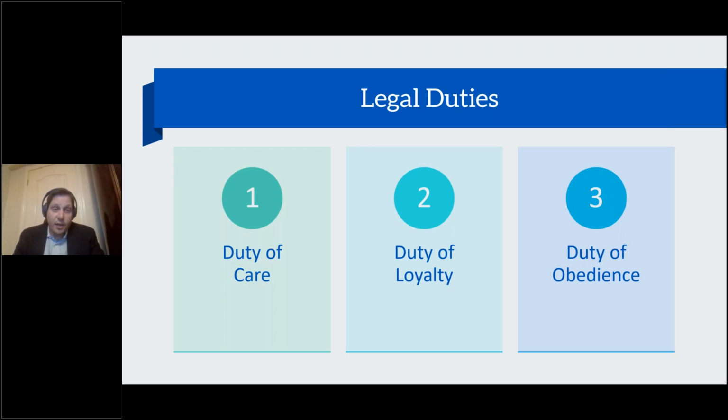And finally, the duty of obedience, which means board members have to ensure that the nonprofit complies with any laws, rules, regulations that it's subject to, including that it follow its own bylaws, which should govern its operations, and ultimately remain true to its stated mission and purpose.